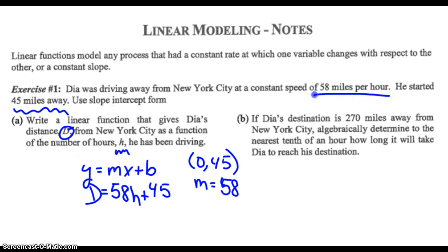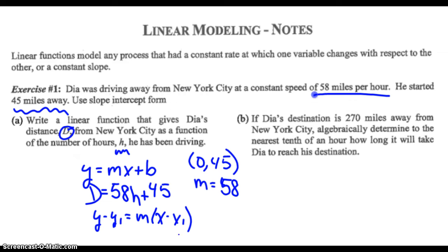It does not have to be written in slope-intercept form. You could also use point-slope. So I will show you that. So you would do y minus y1 equals m times x minus x1. And my point is (0, 45).